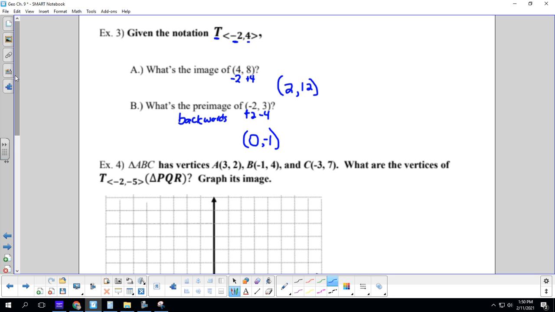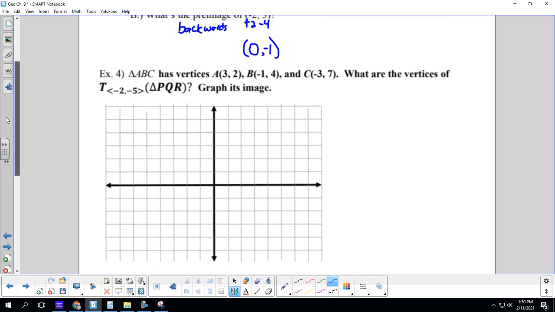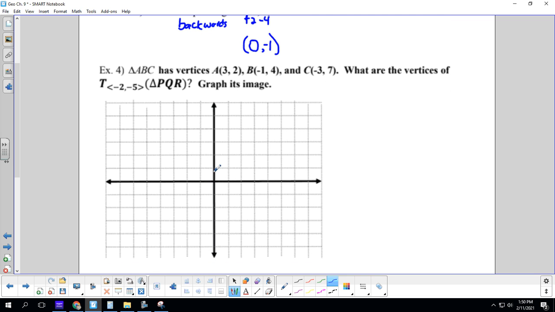All right, let's have example 4. This will be fun. Triangle ABC has vertices of A (3, 2), B is (-1, 4), C is (-3, 7). Sorry, I'm going off my pad.